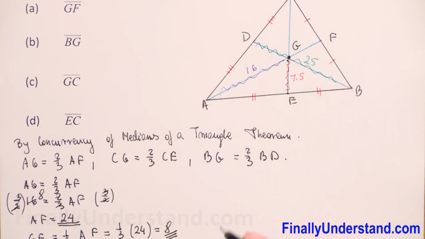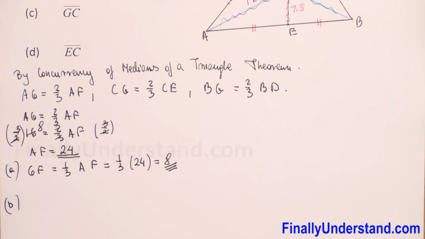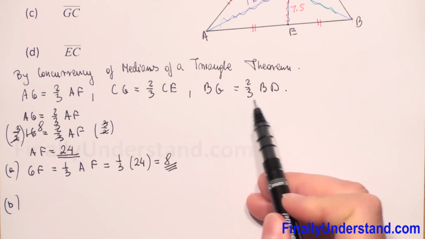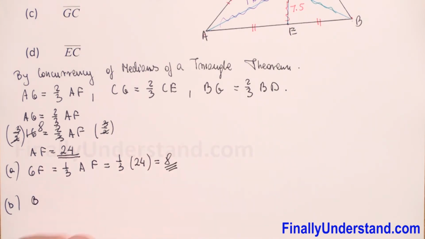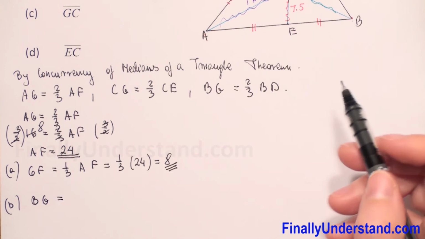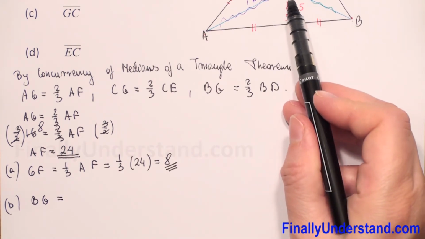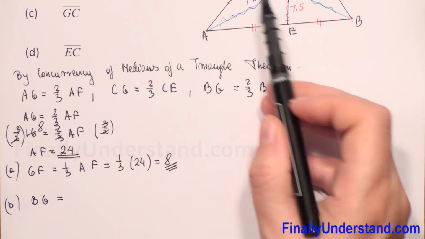So let me write this. This was answer to A. So now will be B. We can use this equation. BG is equal 2/3 of BD.